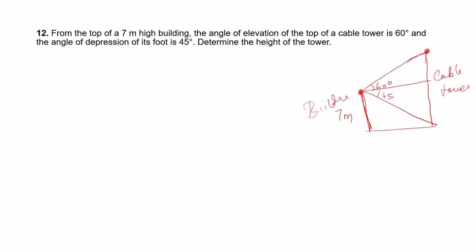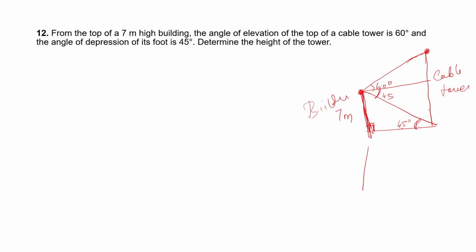Okay, so between two parallel lines, the alternate angles are equal, so this becomes 45. When this is 45, this is 45. These two are parallel lines. Make this a perpendicular line. This is 90 degree, not slanted but straight, and this is also a straight line. Two parallel lines are there, so the alternate angles are equal.